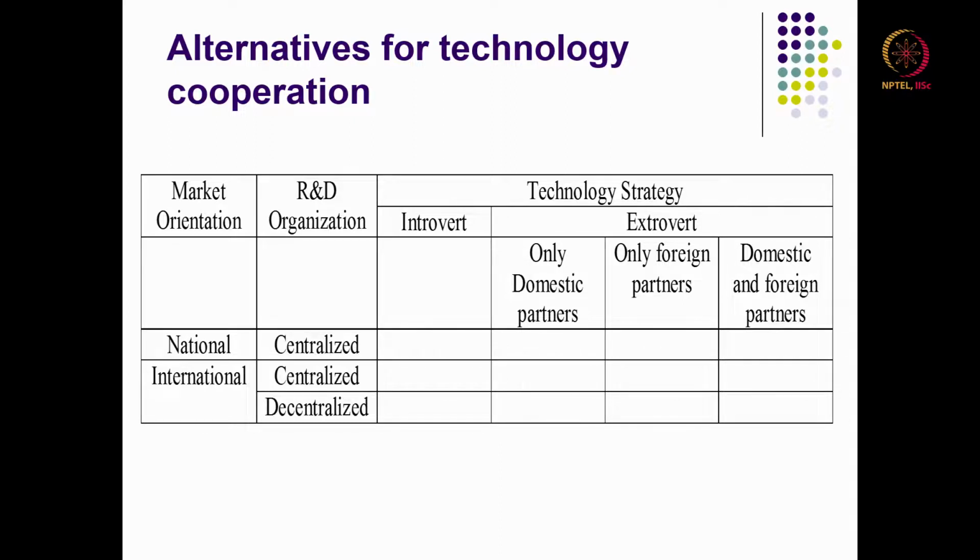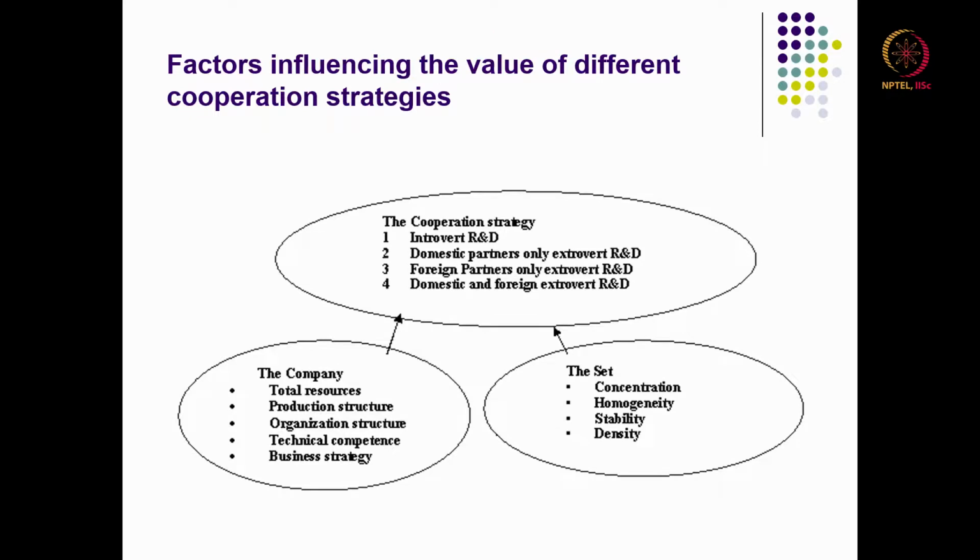Suppose the market orientation is national, R&D organization, the cooperation is centralized. So, the strategy is also given extrovert, suppose it is extrovert only domestic partners, only foreign partners, domestic and foreign partners. So, which you pick up, you can pick up depending on the things.